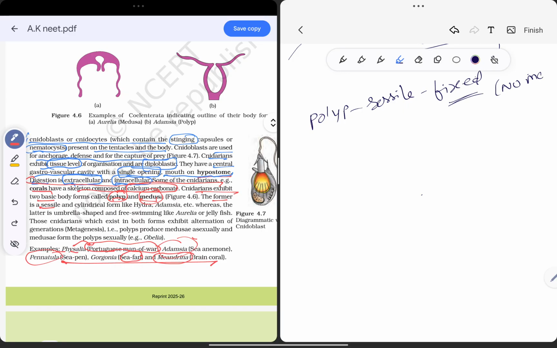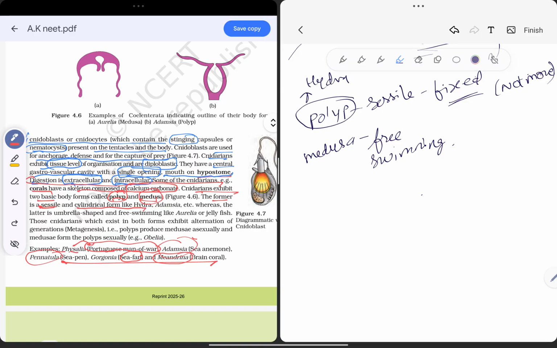And the medusa form is the free swimming form. The sessile form is cylindrical, like Hydra. An example for polyp is Hydra.